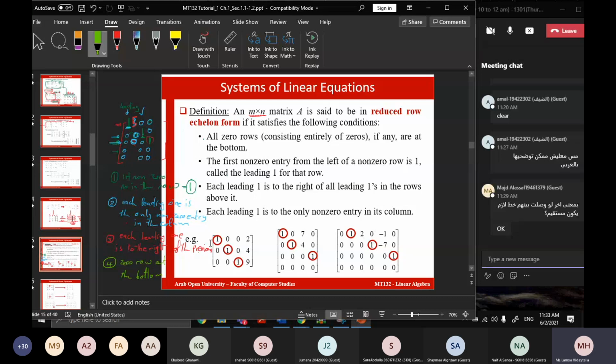And it is to the right of the others. Is there a fourth row to test? No. Is there a row of all zeros? No. So I don't have that last problem. All of them are satisfied, so clearly this one is in the reduced echelon form. Clear?